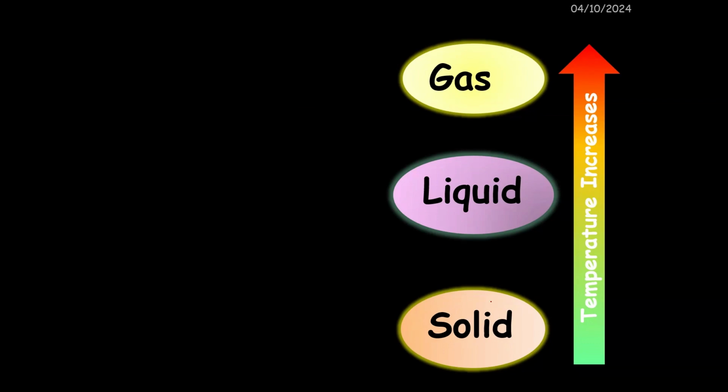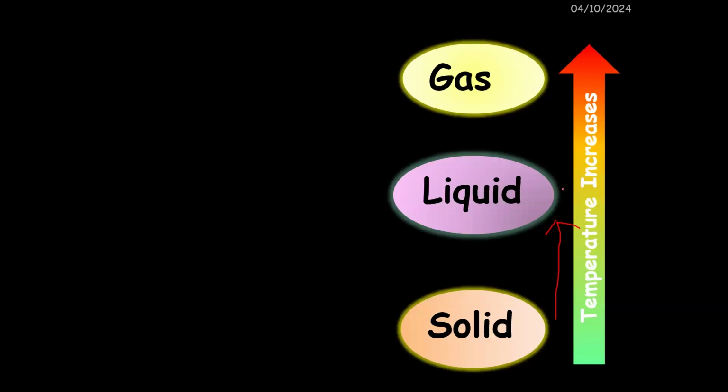So if we get a solid matter and it is heated gradually, particles of the solid will gain energy, and as they gain energy, they will move faster and will leave space between the particles and then will be converted into liquid.